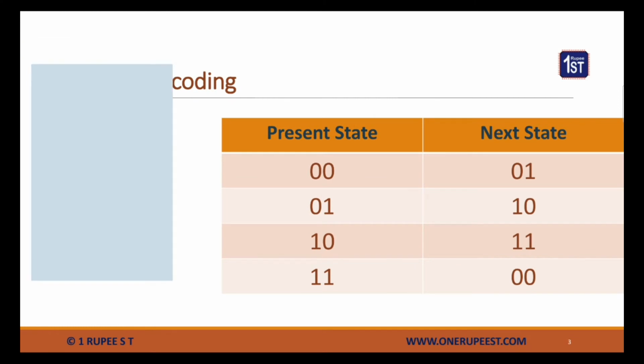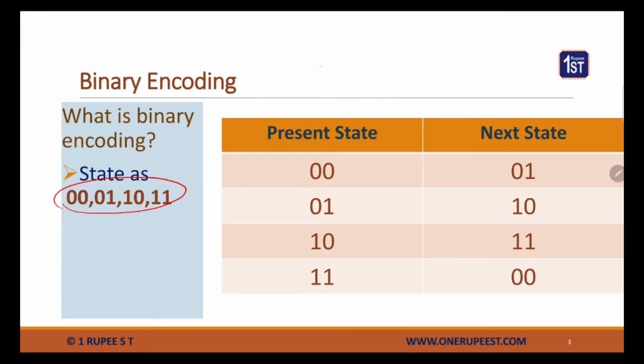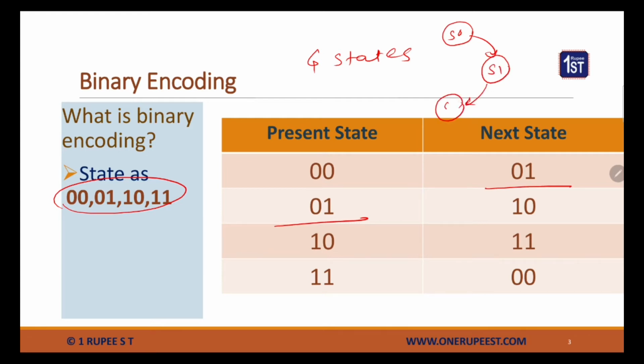So already we are familiar with binary encoding. If I have 4 states, then in 2 successive states, I have S0 as 00, S1 01, S2 and so on.